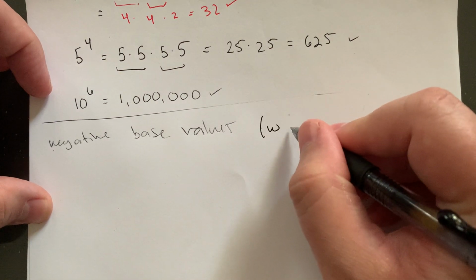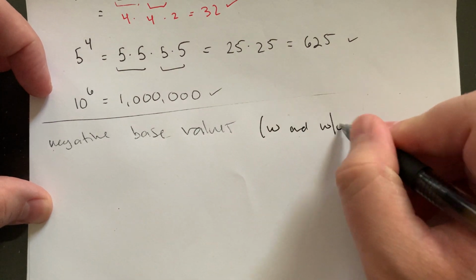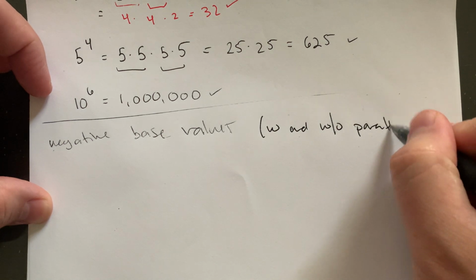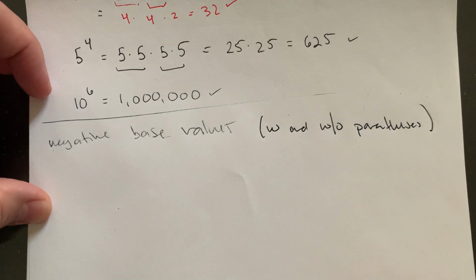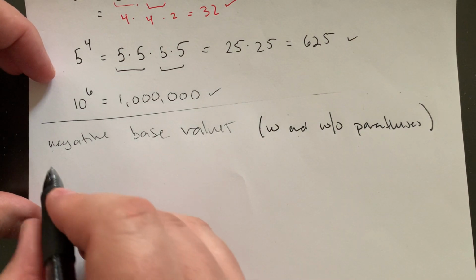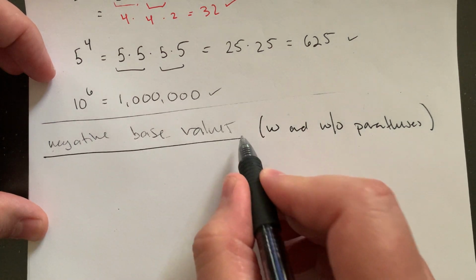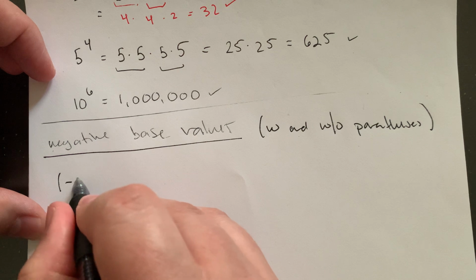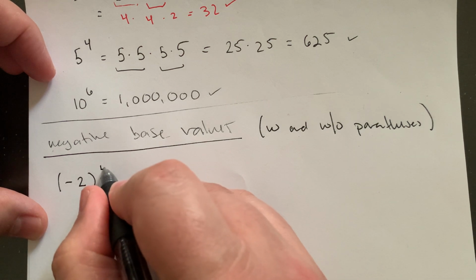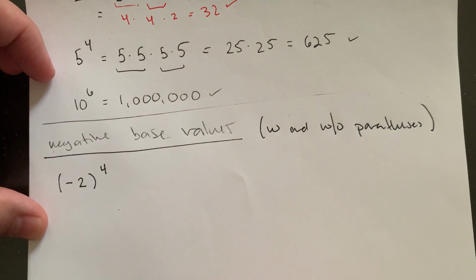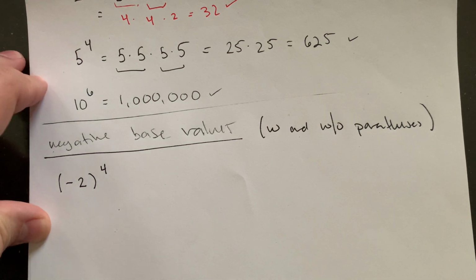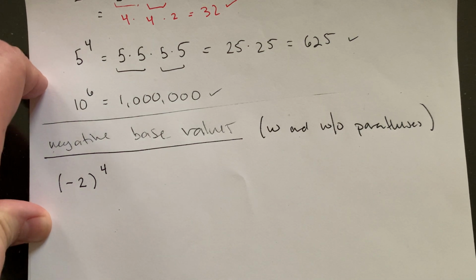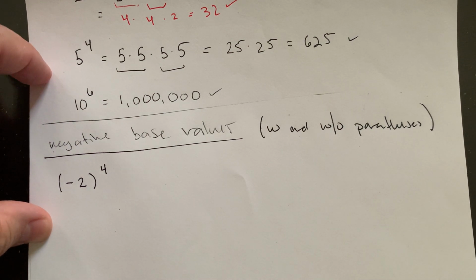We're going to want this with and without parentheses. So let me do a quick comparison here. Let's take something like -2 and raise it to the 4. So let's think about what this means, right? So this is a -2 in parentheses raised to the 4.